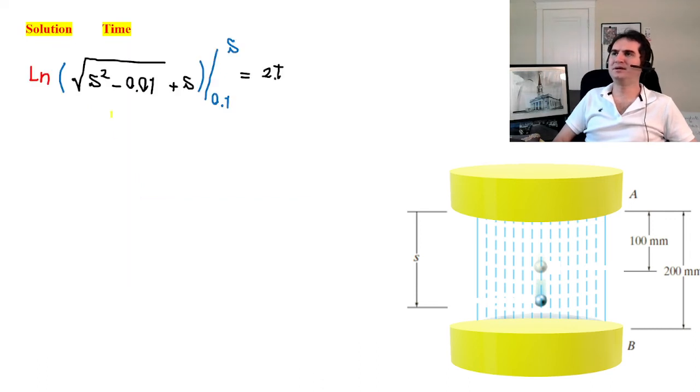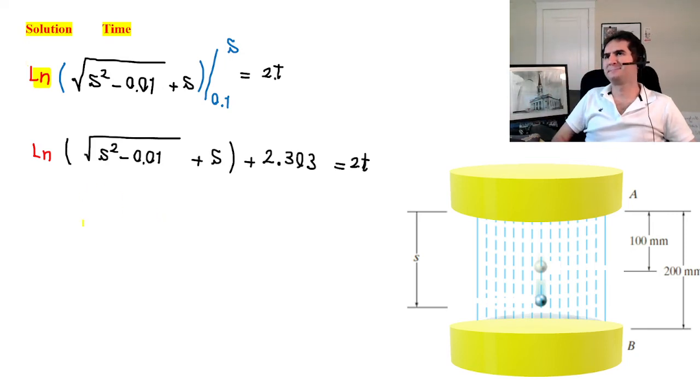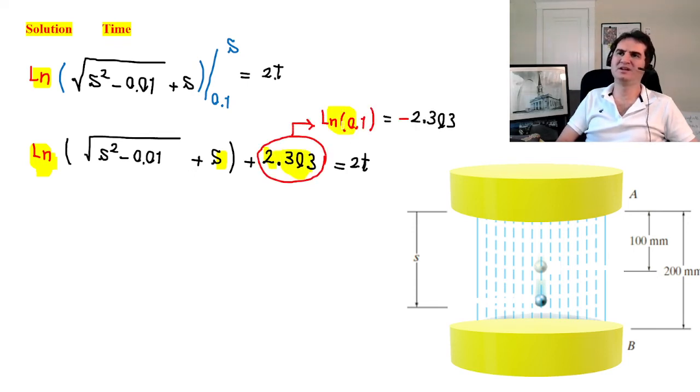If you replace that with the numeric value for a, the natural logarithm gives you ln of s plus the square root of s squared minus 0.01, over 0.1, equal to 2 times time.